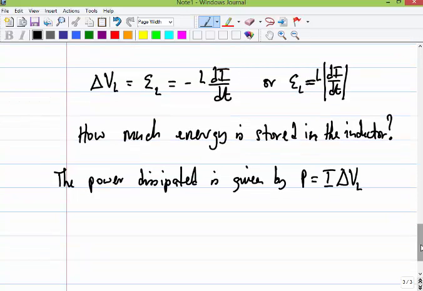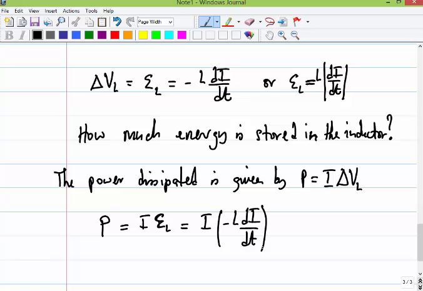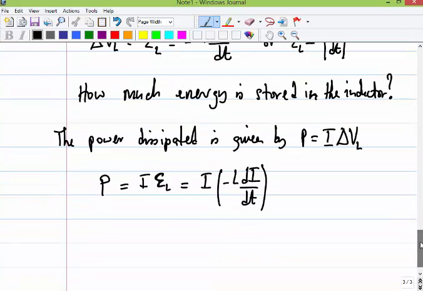Okay. And we know that P in the inductor is equal to I times E subscript L, or the EMF in the inductor. So we can say this is I, and then we have minus L di/dt for the inductor that way.